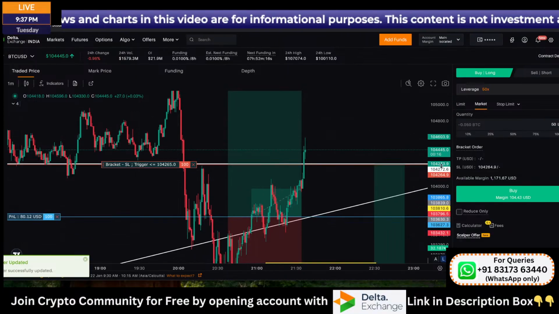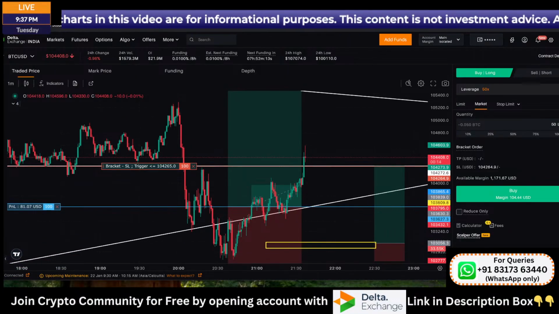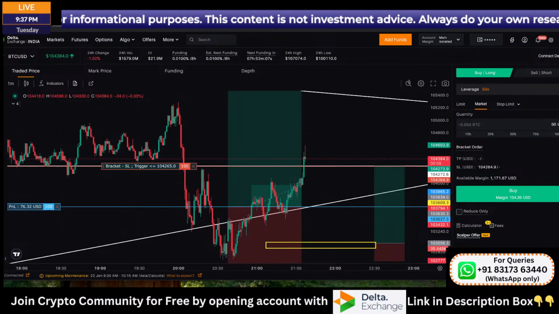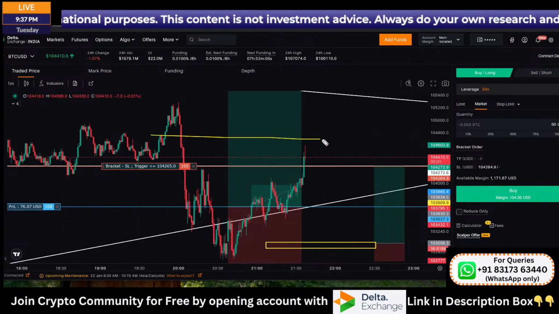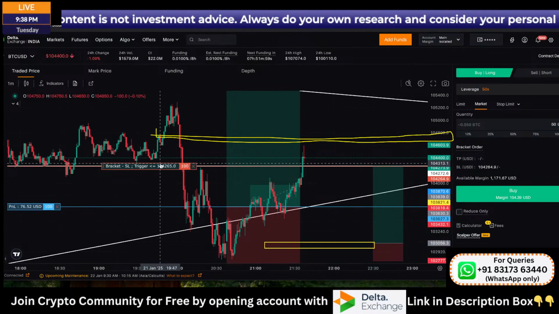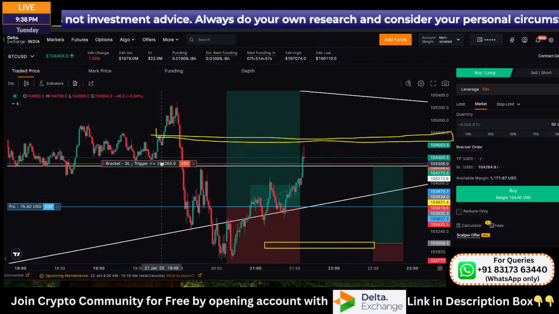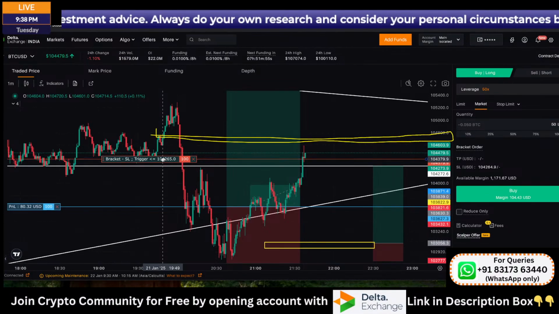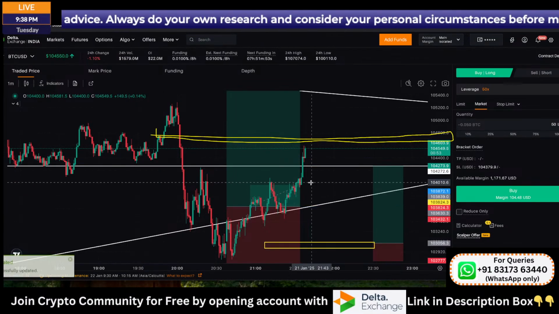Now here I feel the market can see some pressure, right? Near this zone, the market can see pressure. So if that is the case, below this candle, okay?